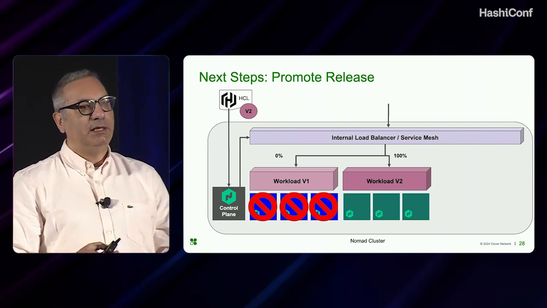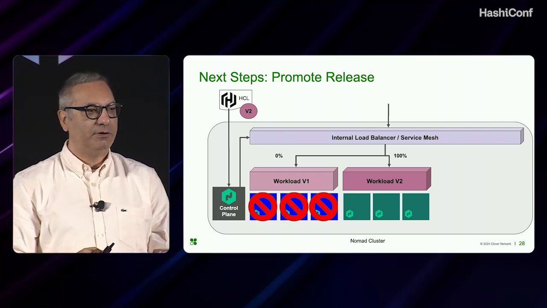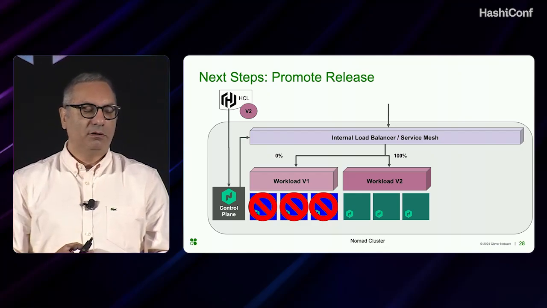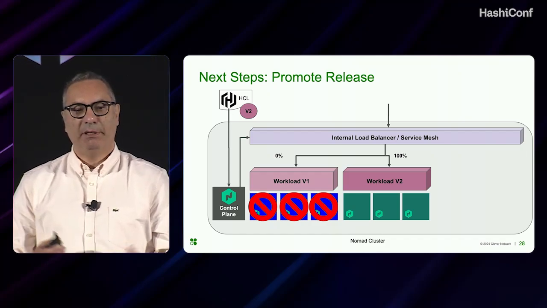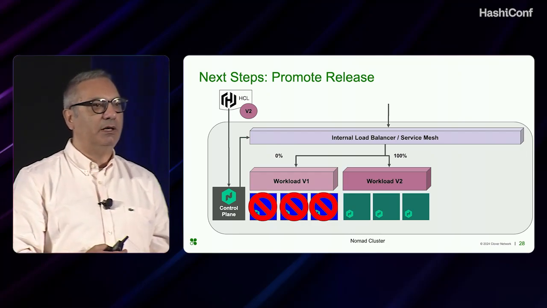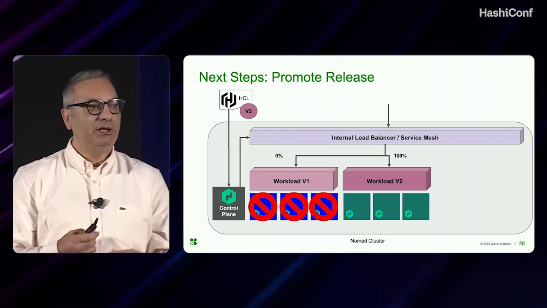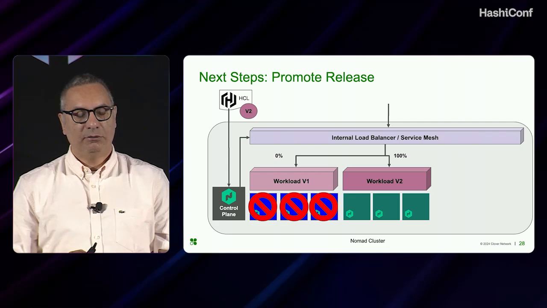Then we would like to send a promotion signal, saying, okay, we don't need the old version, and have Nomad not only remove the workload, but also deprovision the infrastructure that goes with it, since it's infrastructure that is not needed anymore. So we are looking into these capabilities and see how we can extend our current work with it.